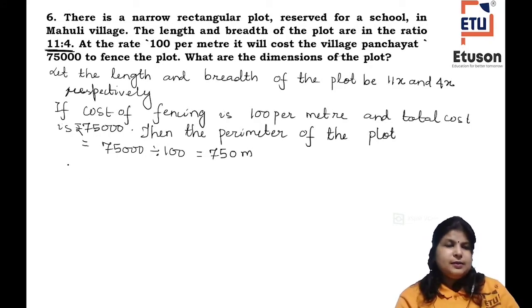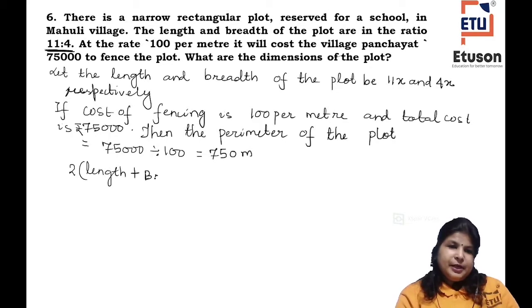So what is the formula for the perimeter of a rectangle? Anyone can give the answer in the comment section. Come on. Correct. It is 2 into length plus breadth.